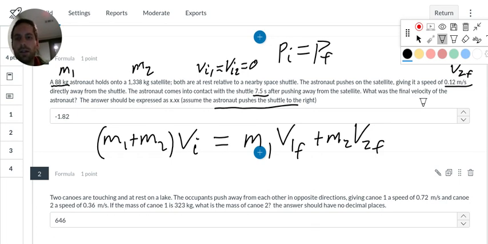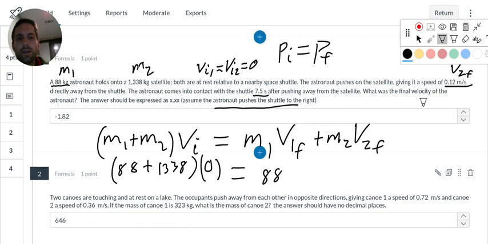This is going to be 88 plus 1338 times 0, because they're at rest at first. That's going to equal 88 times V1 final. I don't have that, but I still plug it in anyway. Plus 1338 times 0.12. Alright, and then I should just be able to solve this out.